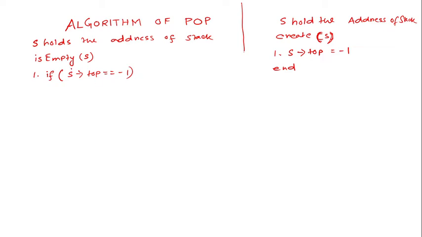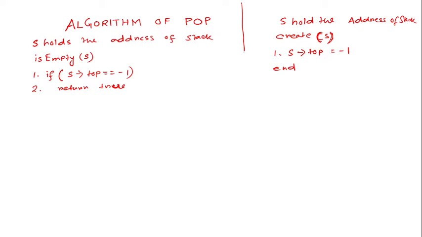if it is -1, then the stack is empty, so it can return true. That means this value is true: S top of the stack is -1.